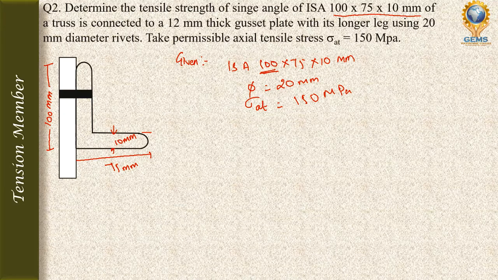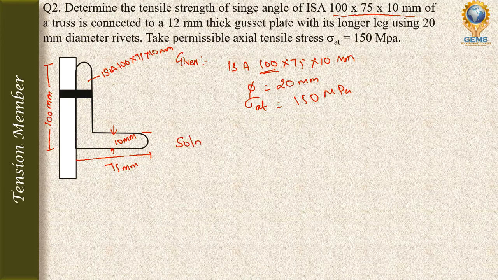So it is an ISA 100 by 75 by 10 mm. We have to find the tensile strength of the angle.